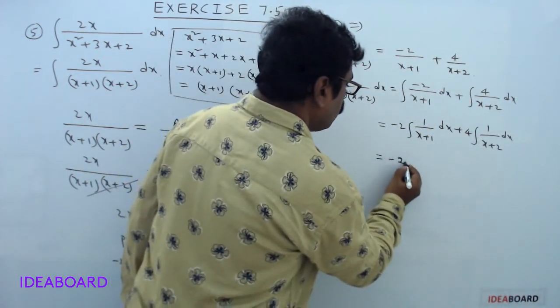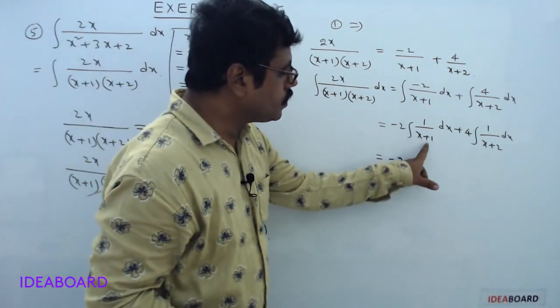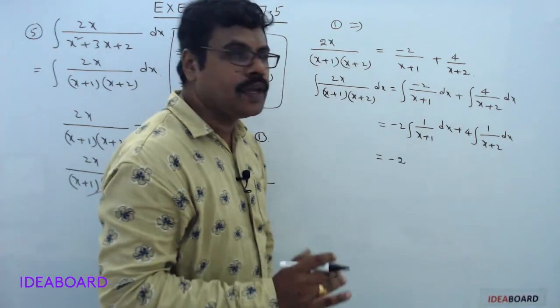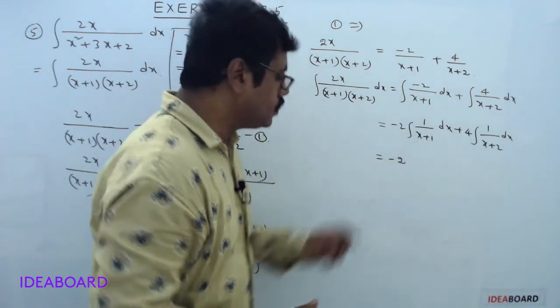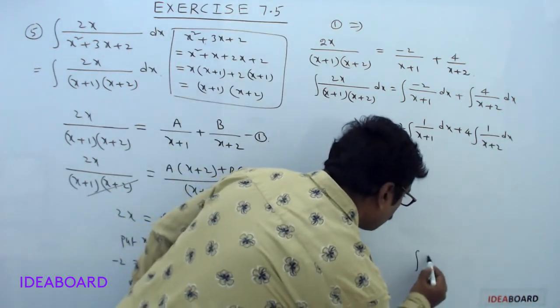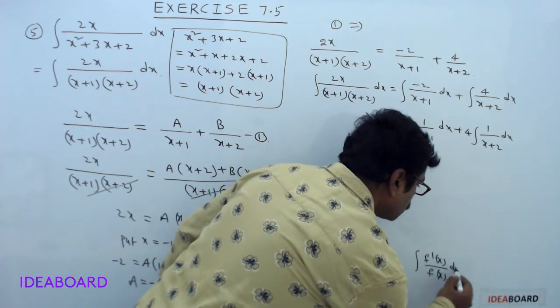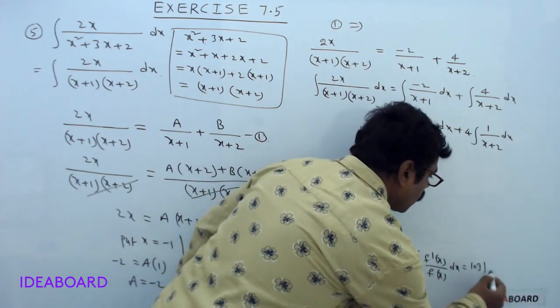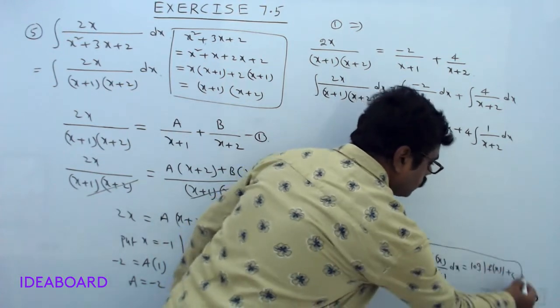Now this equals minus 2 into, derivative of x plus 1 will be 1. It means the derivative of the denominator is in its numerator. So what is the formula of integral f dash of x divided by f of x dx? It is log mod f of x plus a constant c.